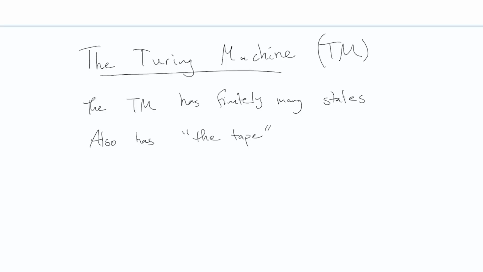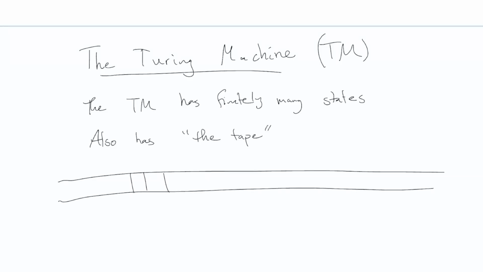The tape is tape, not as in like adhesive tape, but you imagine like a long strip of paper. The tape looks like this, and it's sort of divided into little bitty bits. And on the tape are written letters. In our case, we're usually going to use A's and B's as we usually do in this class. So it has the tape, and the tape has letters written on it.